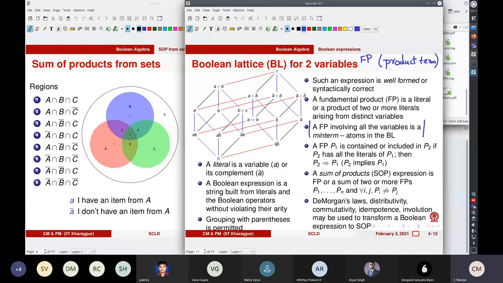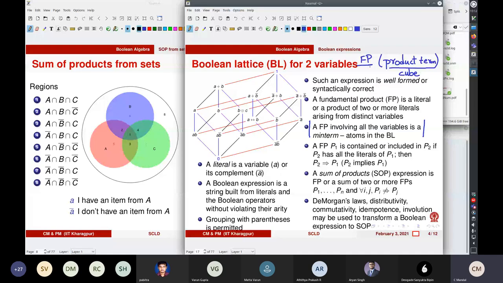The terms that are more commonly used are a product term or a cube. These two terms are commonly used. You will normally not hear the term fundamental product.